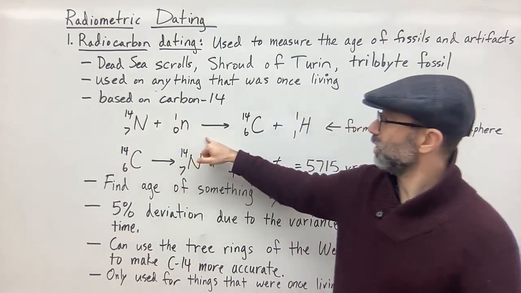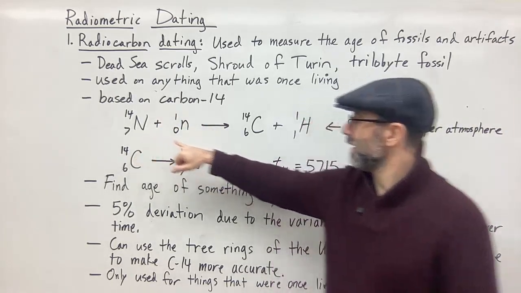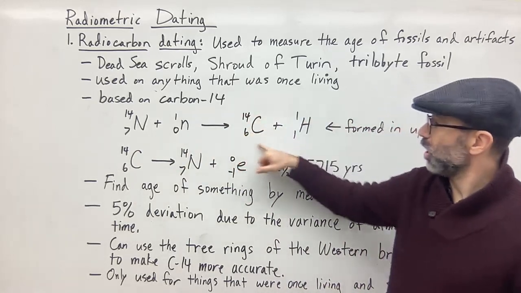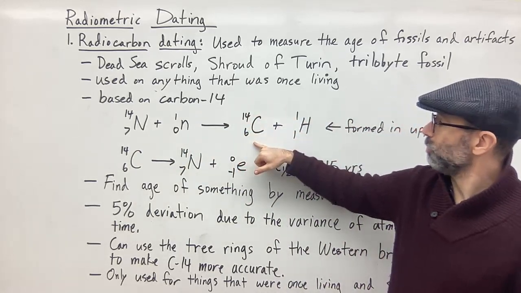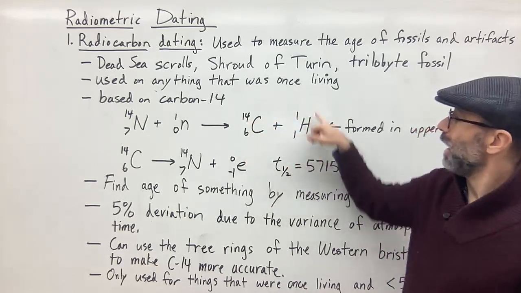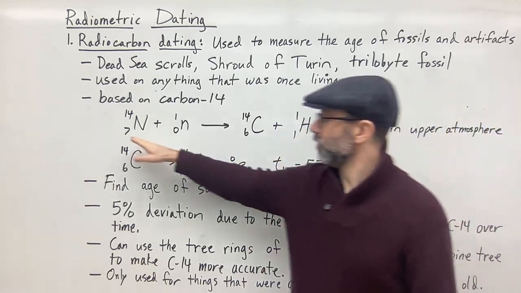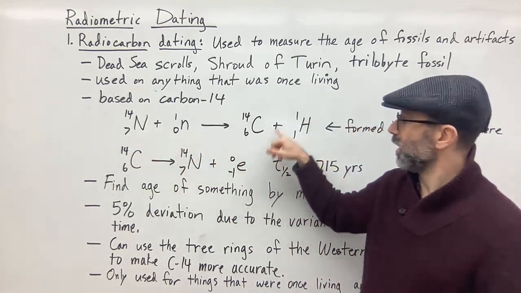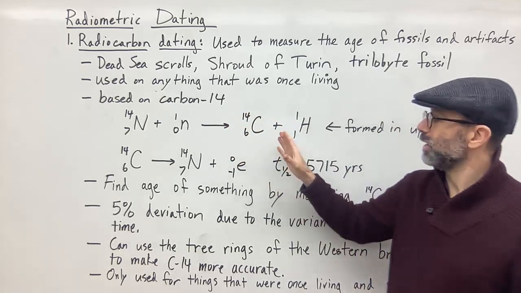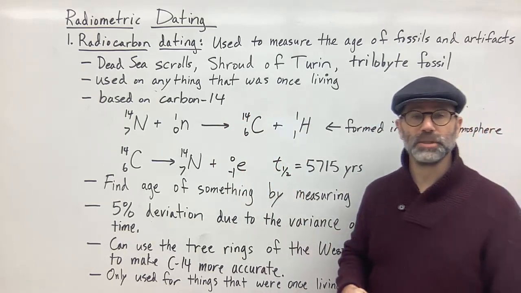So that neutron is going to incorporate itself in the nucleus of the nitrogen. And so that then causes carbon 14 plus hydrogen as well to be formed. So this is the process that goes on to create your carbon 14 or the very little of it that you have. So then this is a constant process that's happening in the upper atmosphere.